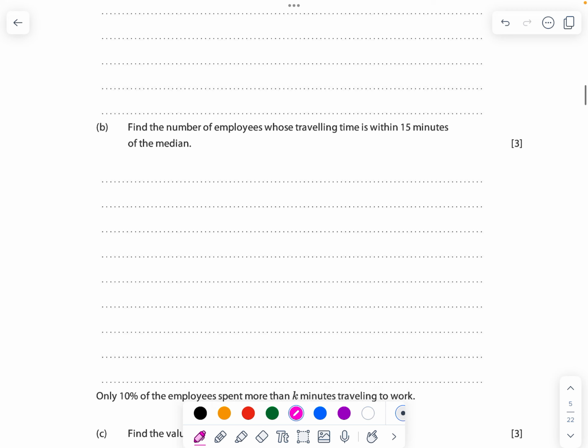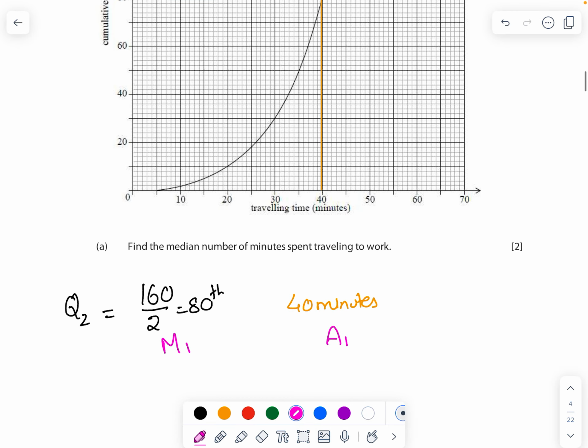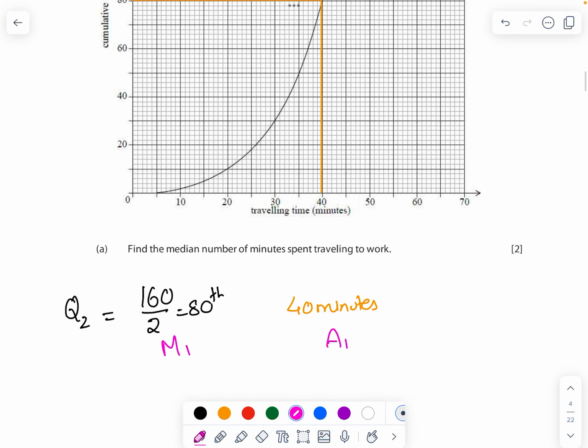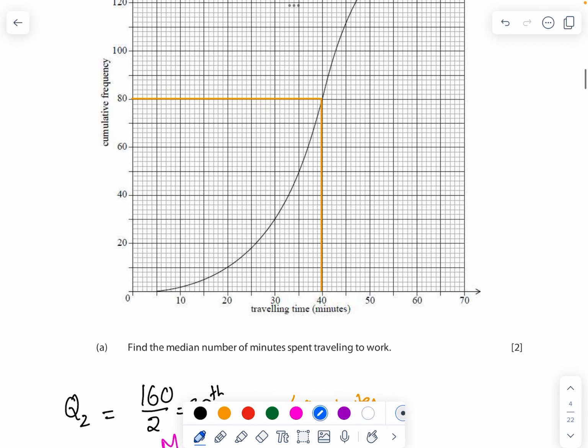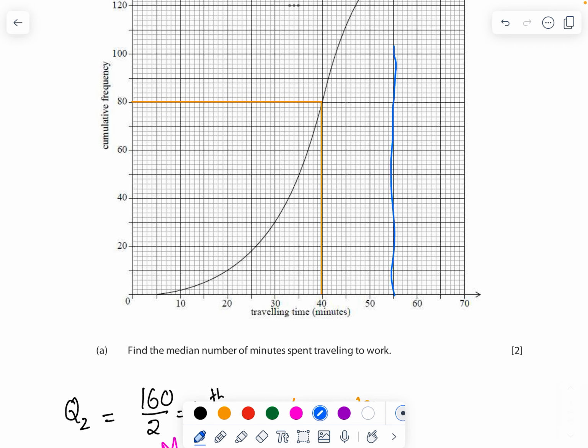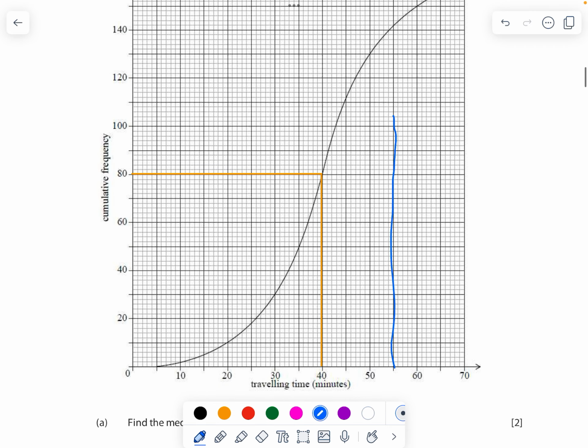Next, find the number of employees whose traveling time is within 15 minutes of the median. So what was the median? Median was 40. 40 plus 15 is nothing but what? 55. From 55, draw the line, hit the graph, then draw it straight.